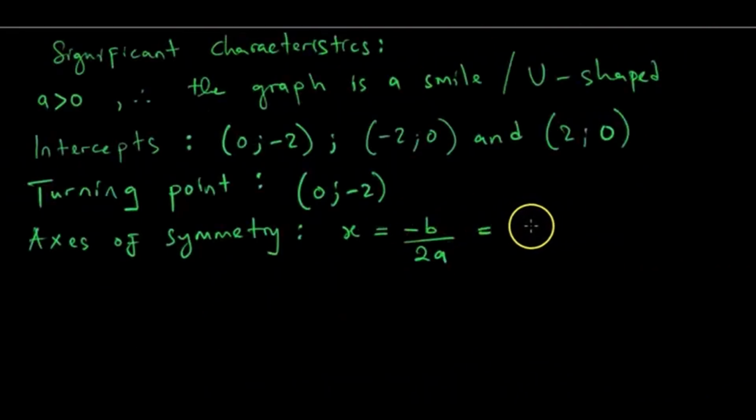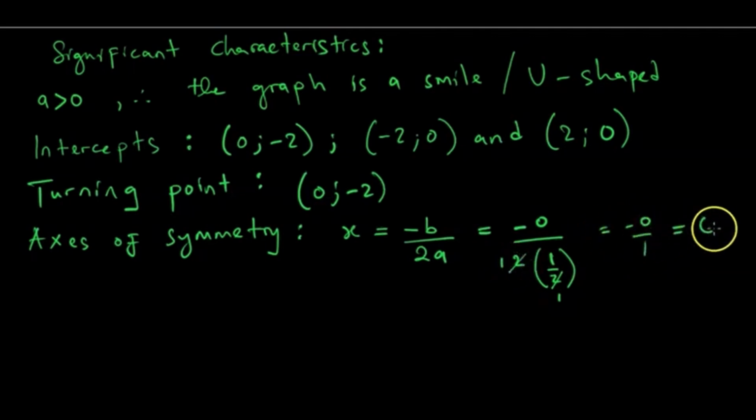So here it's going to be minus 0 over 2 multiplying a half. And of course, 2 into a half is 1. It's basically minus 0 over 1, which of course is equal to 0. So the axis of symmetry, x, should be equal to 0. That is the equation of the line representing the axis of symmetry.